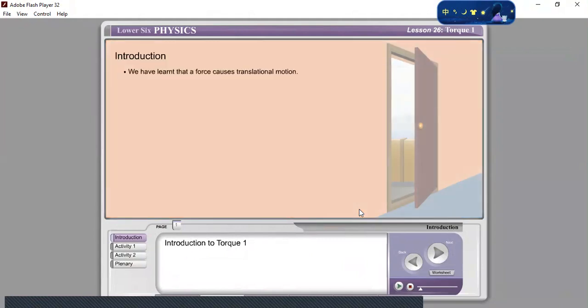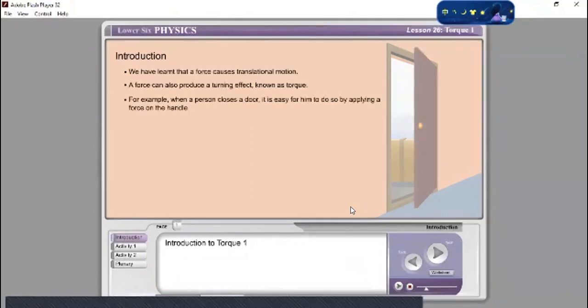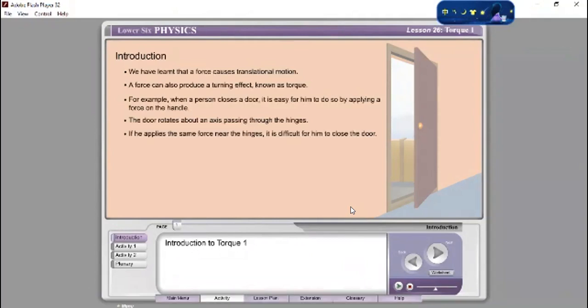We have learned that a force causes translational motion. A force can also produce a turning effect known as torque. For example, when a person closes a door, it is easy for him to do so by applying a force on the handle. The door rotates about an axis passing through the hinges. If he applies the same force near the hinges, it is difficult for him to close the door.